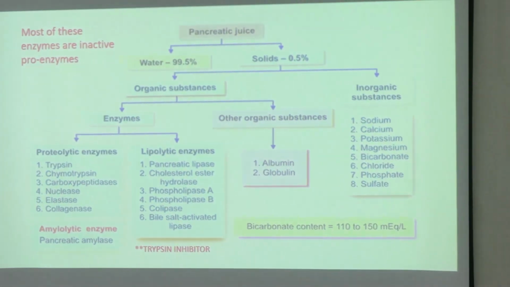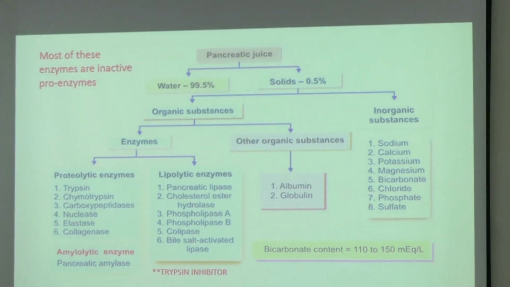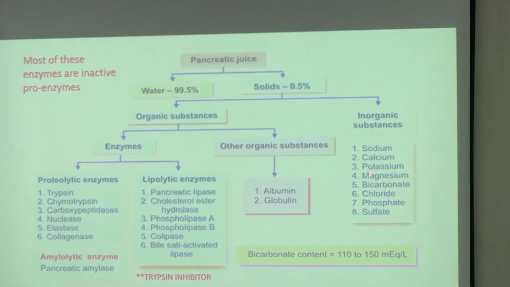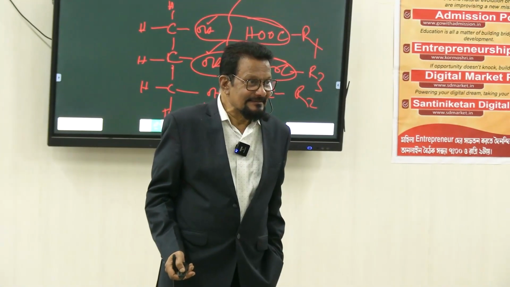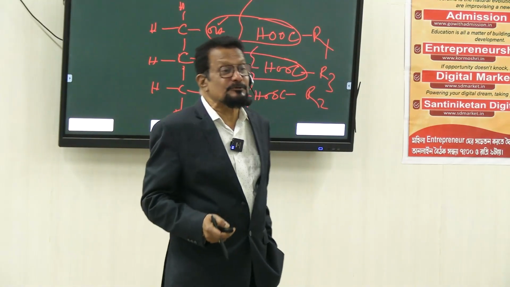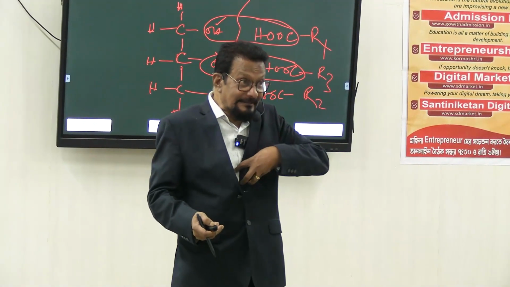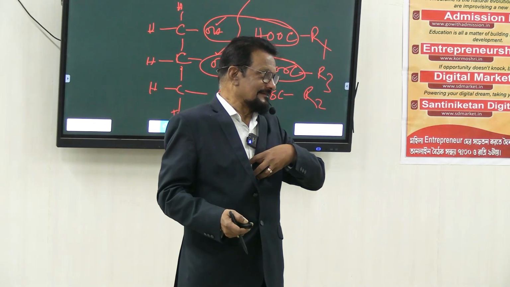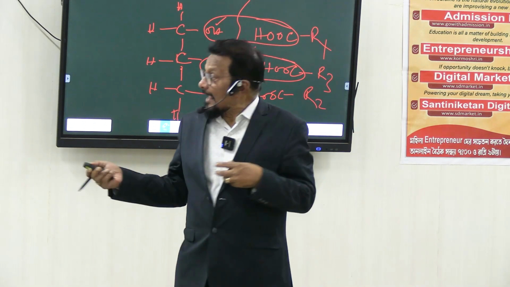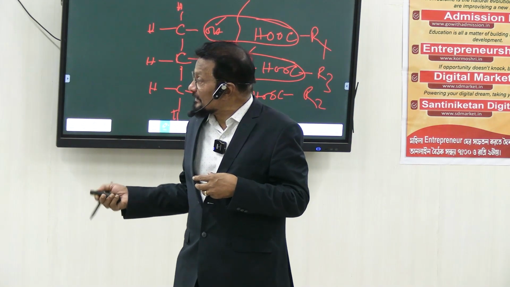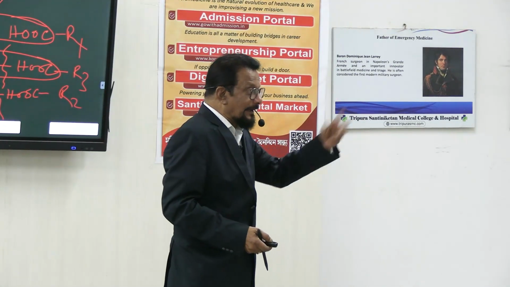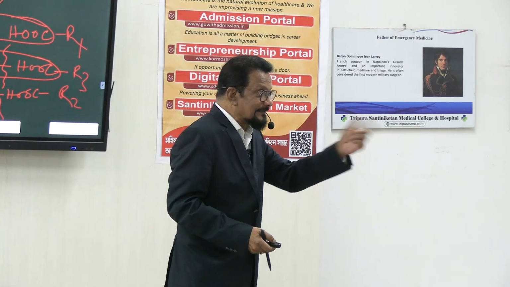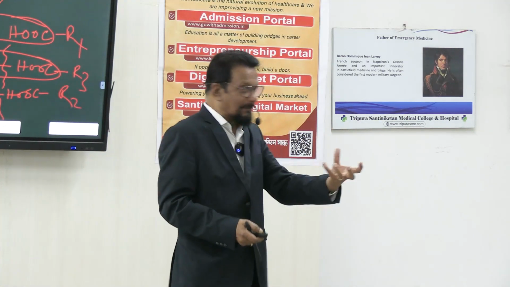Another important constituent is trypsin inhibitor. This trypsin inhibitor prevents conversion of trypsinogen into trypsin while it is within the pancreas. In the absence of trypsin inhibitor, there will not be any inhibition, so anything, like inflammation, can convert trypsinogen into trypsin within the pancreas.